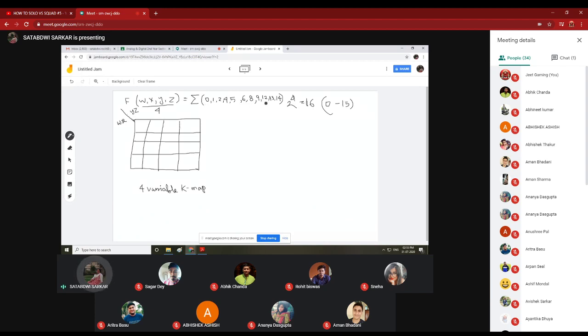Now put the values of m. This is 0, 1, 2. So which cells? This is the first one. So I am writing these m values. Starting from m0, I'm not writing m, since these cells are too small to write the m, so I am writing just the values.